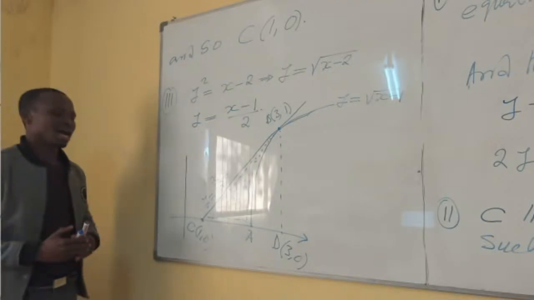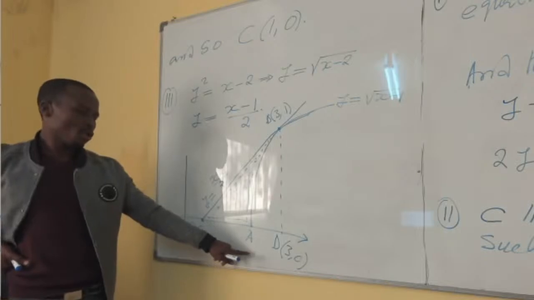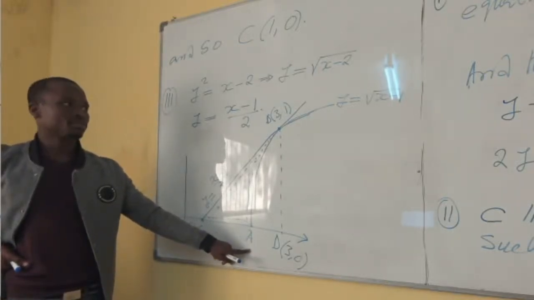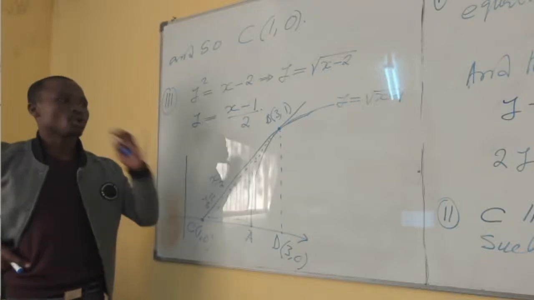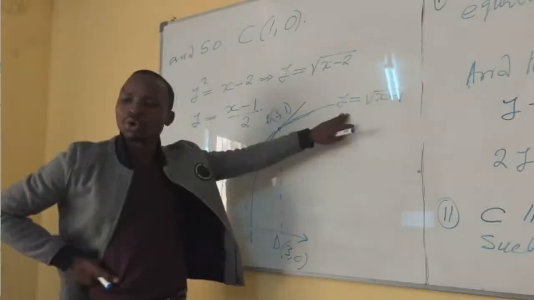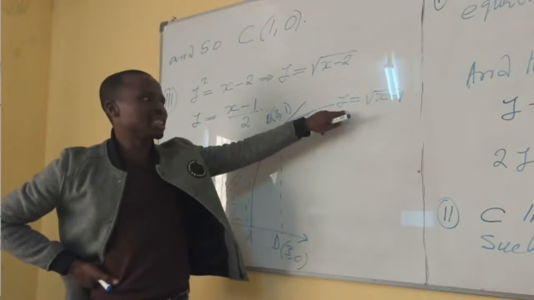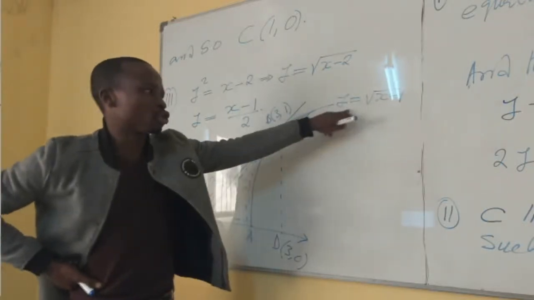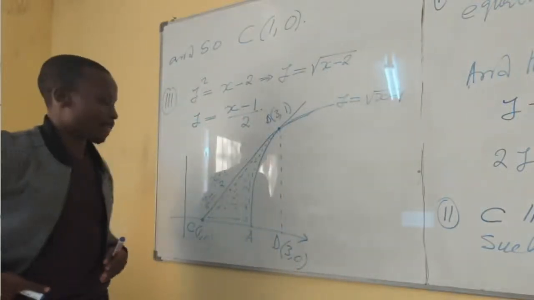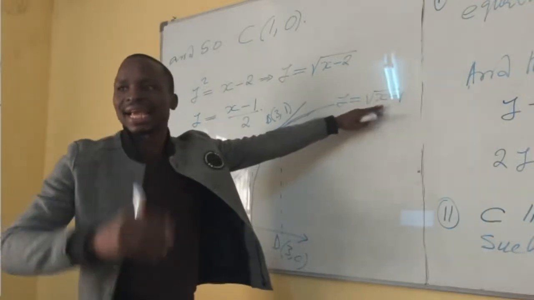Now, the question is, what is point A? The issue is we have to find point A. To get point A, you need to find when this curve y equal to the square root of x minus 2 will cross the x-axis. At what point will this curve touch the x-axis?